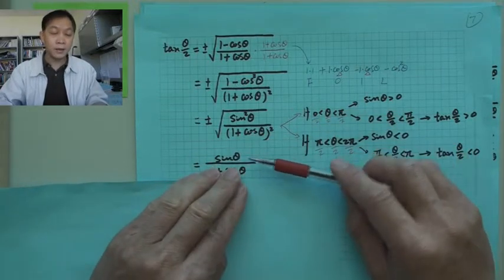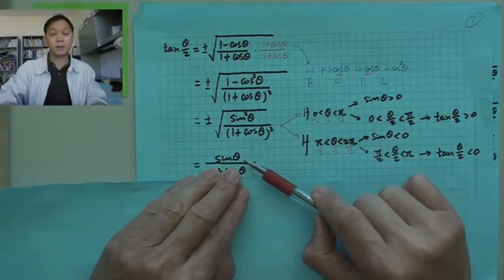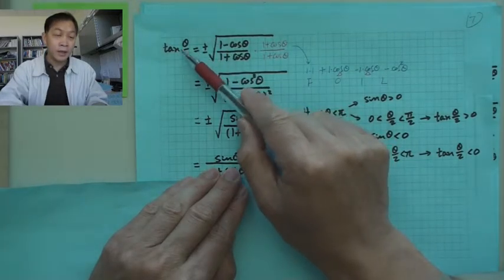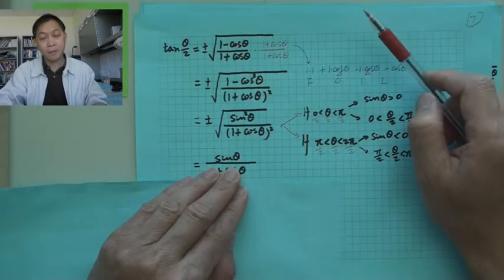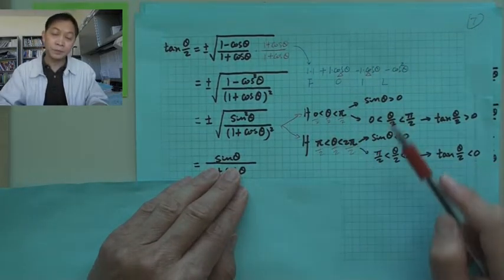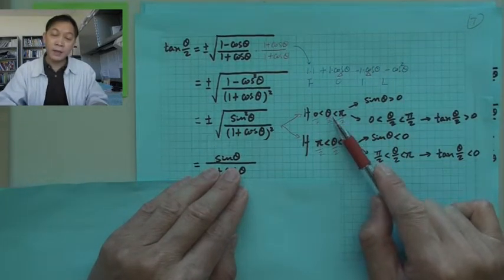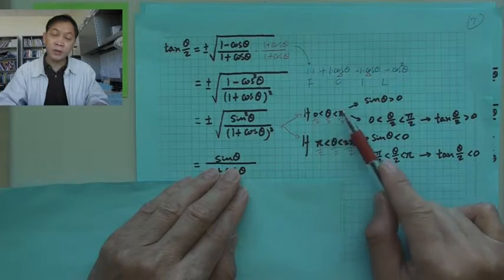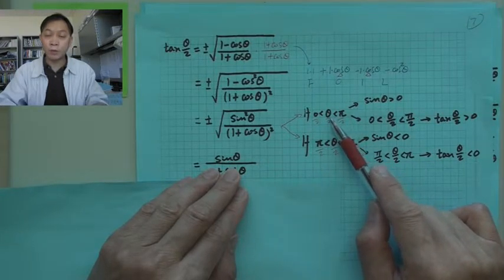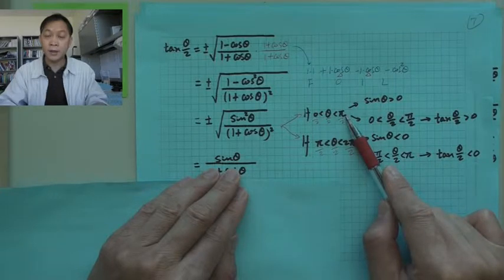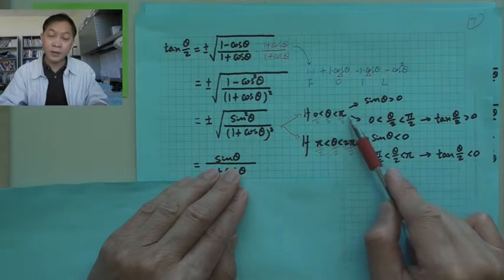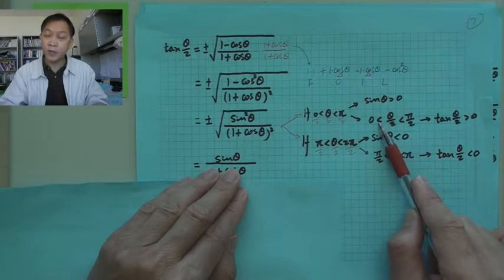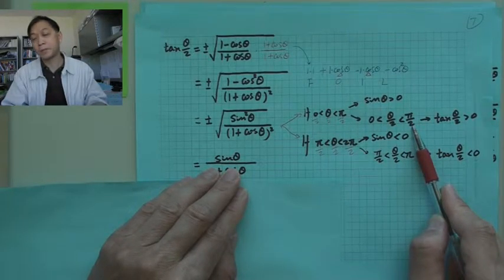And sine theta and tangent theta over 2 always have the same sign. And here is the reason. If theta is in the first two quadrants, quadrant 1 and 2, theta is between 0 and pi, then half theta, divided by 2, is between 0 and pi over 2.